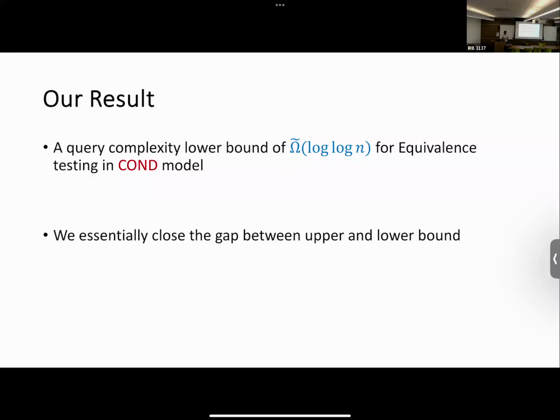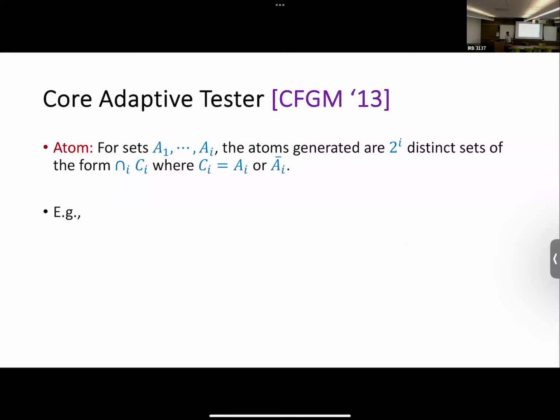And now let me give you a very high level overview of how this argument works. Before that, I have to recall the previous argument, how we previously got square root log log n. For that, we need some notions. First, one important notion that we want to define is the atom. Suppose you have a sequence of subsets, say A1, A2, A3.